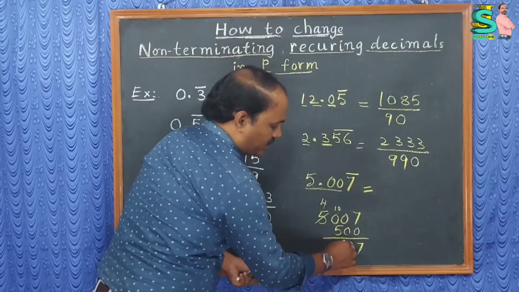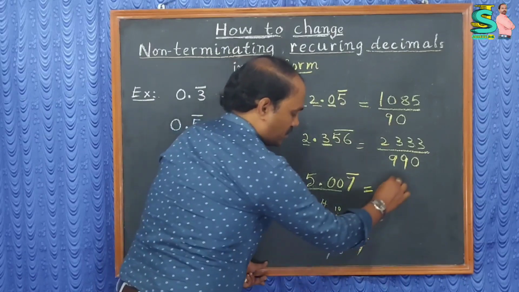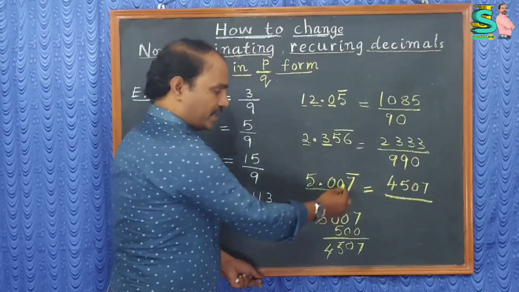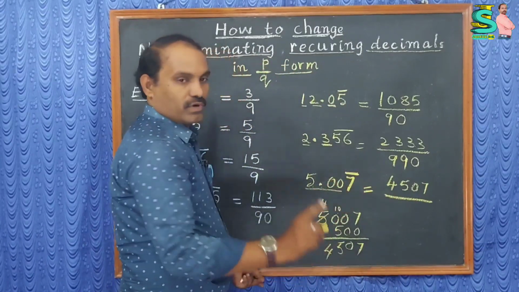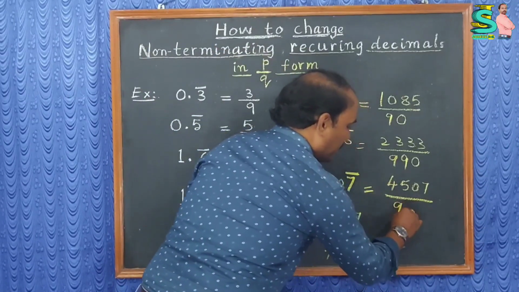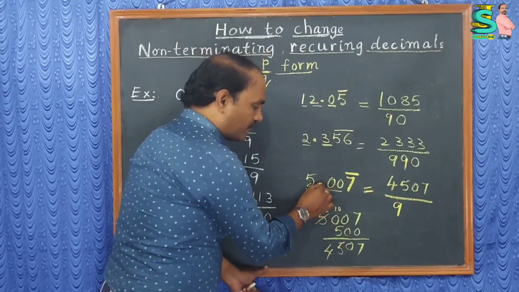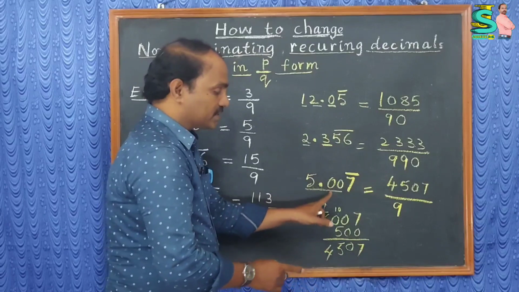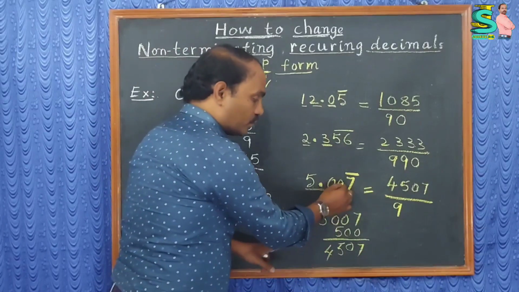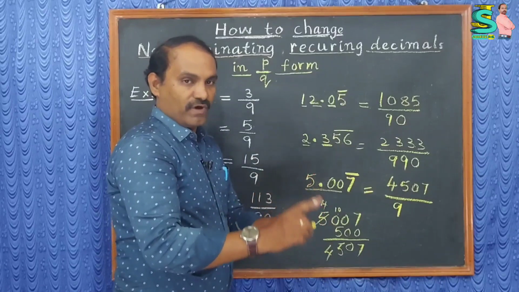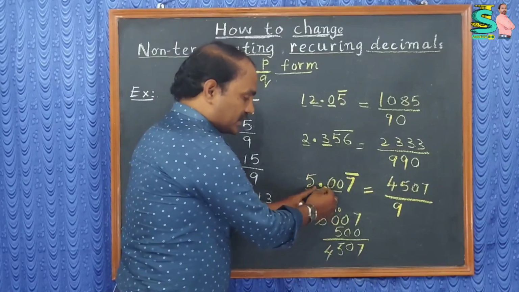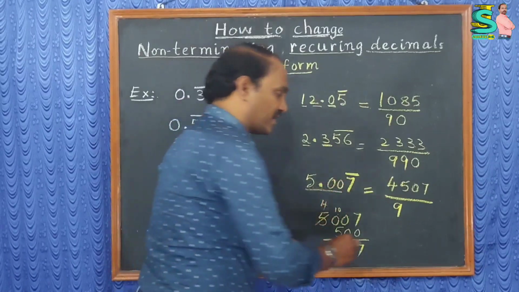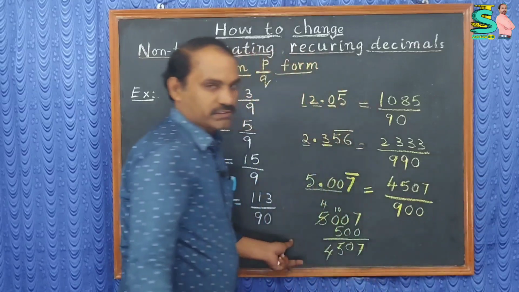Subtracting, you will get 4507 by, how many digits are there under the bar? Only one digit, so only 9. And then after the point, how many digits are there without the bar? Here 2 digits are there, whether they are zeros or whatever they are. After the point 2 digits are not under the bar, that's why you should write 2 zeros.